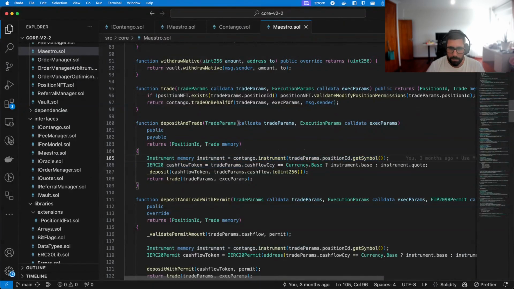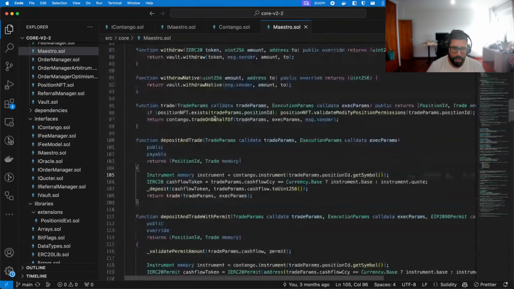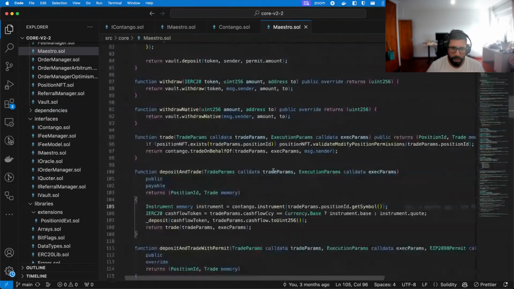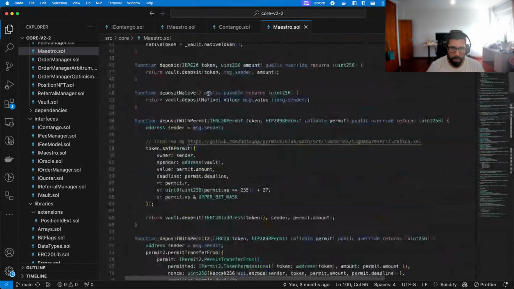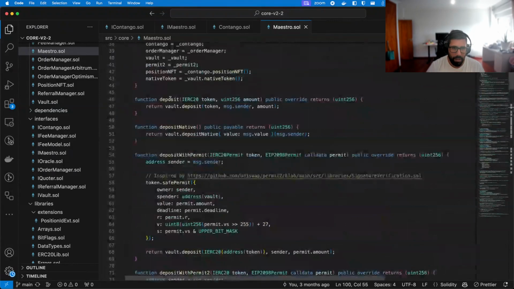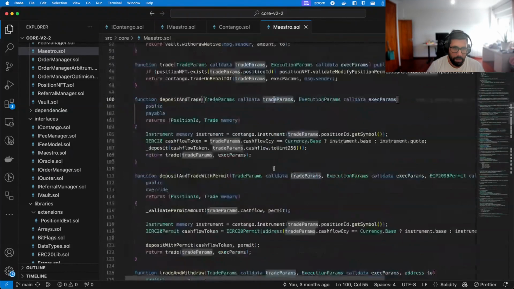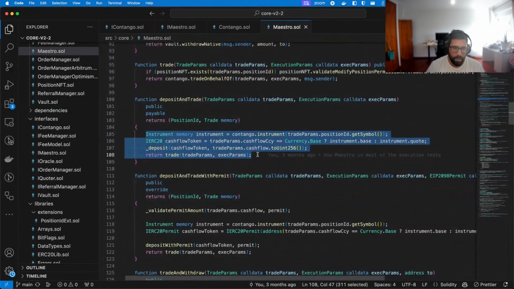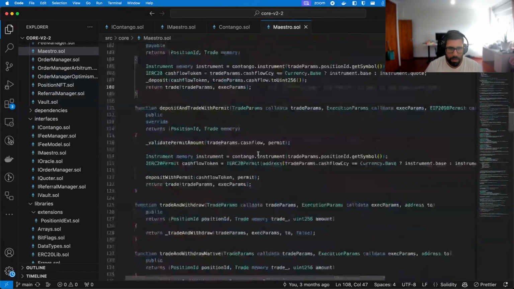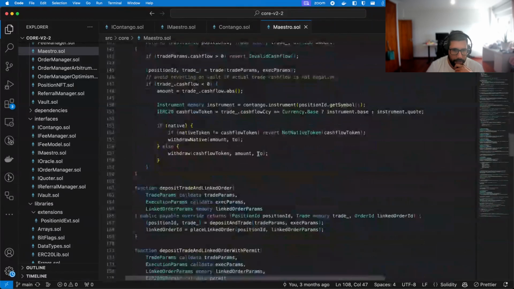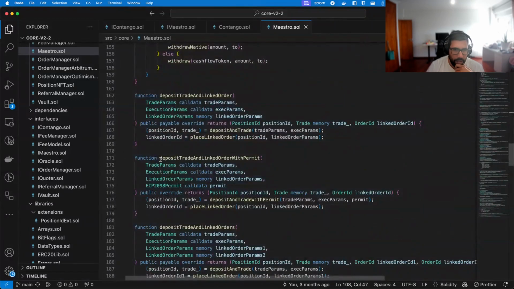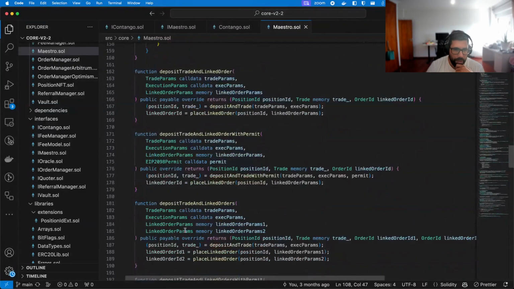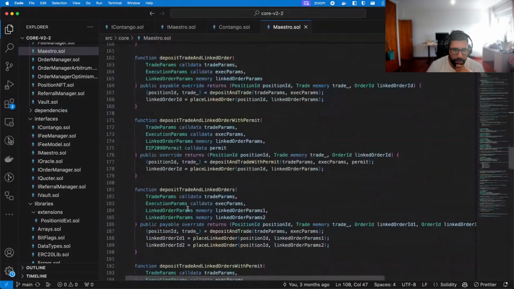Okay, I'm going to do some checks. The call data already tells me which token you are going to be depositing, because I can infer it from the trade params, so I don't need the parameters you would be passing to deposit, and I can do that for less in a single transaction. That means that from the UI you can, for example, open a position and at the same time set up linked orders for automation.